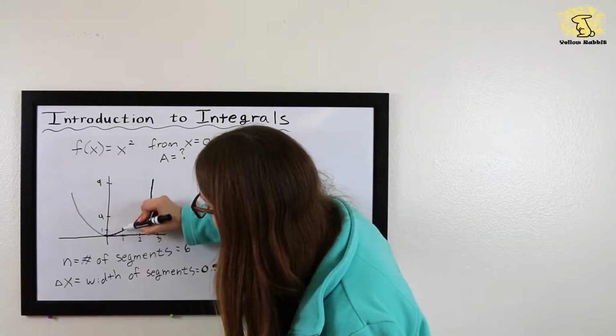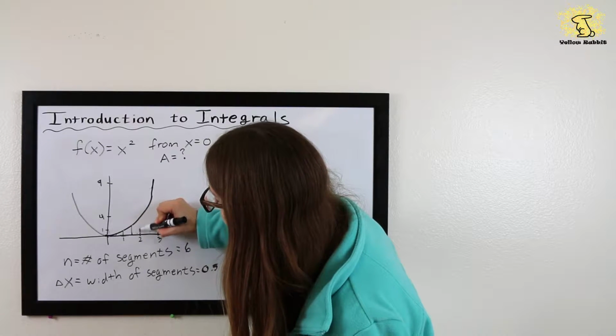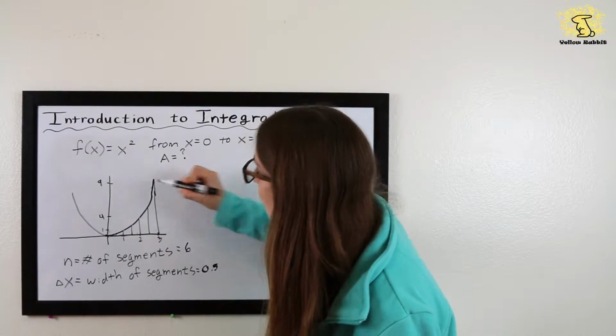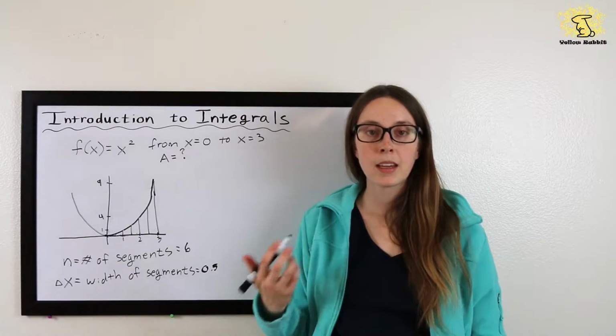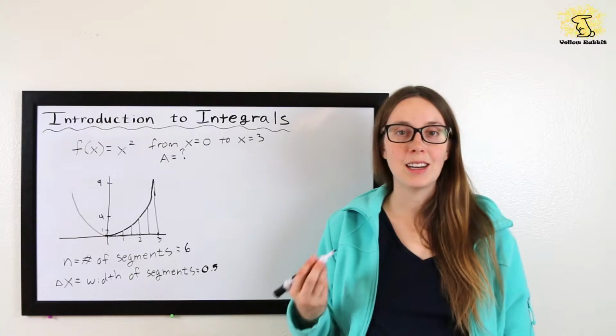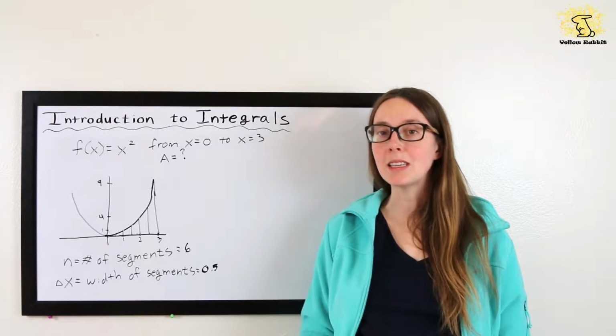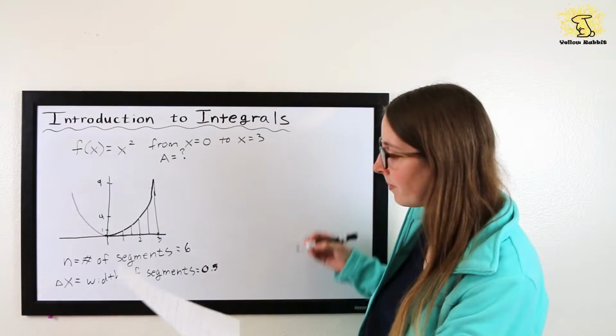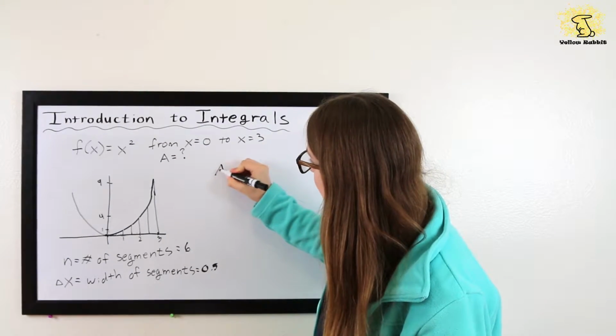So we'd get these 6 segments here. This would help improve our estimate. However, we're going to need a lot more segments if we want to get anywhere close to exactly calculating the value.